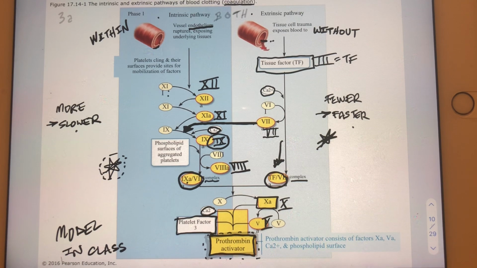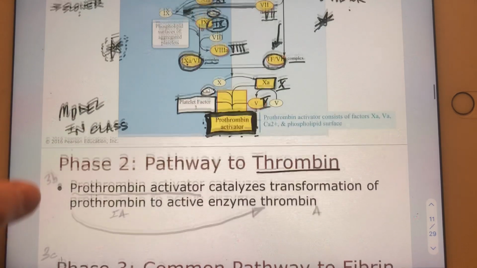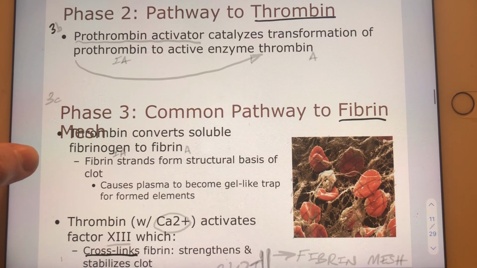All right. Now that we have these two pathways at least established, you'll need practice to really get them down, but established, and we know that they yield the same product either way, prothrombin activator, and we also know that usually both of these are being triggered at the same time. Now we can move on to what I might call step 3B.